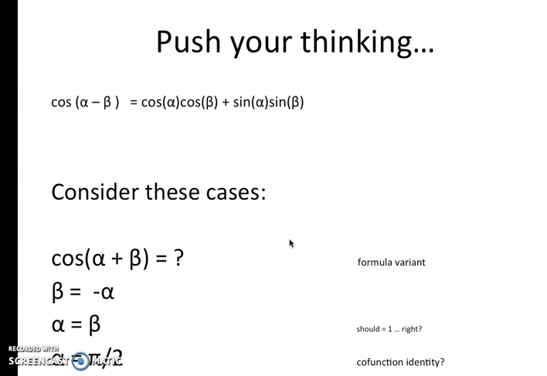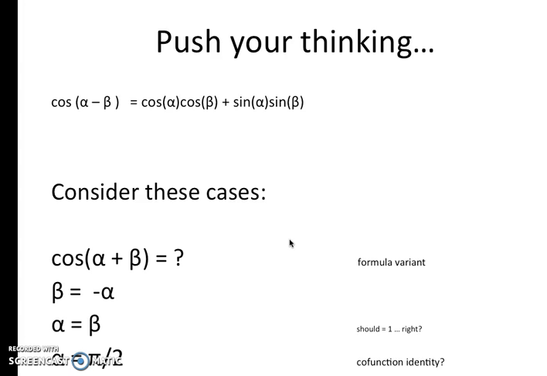I want you to consider what will happen if beta is equal to negative alpha. I want you to consider what will happen if alpha is equal to beta. What will the right-hand side look like? And then I want you to consider what alpha equals pi over 2 will look like. And so if you guys will do this on a separate sheet of paper or whatever, bring this in with you.